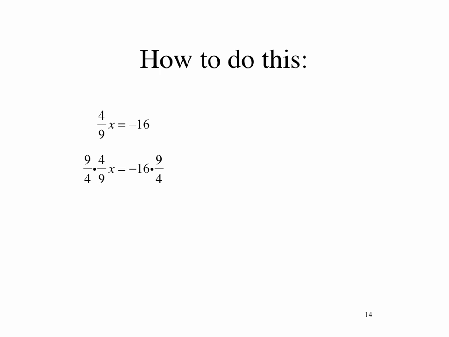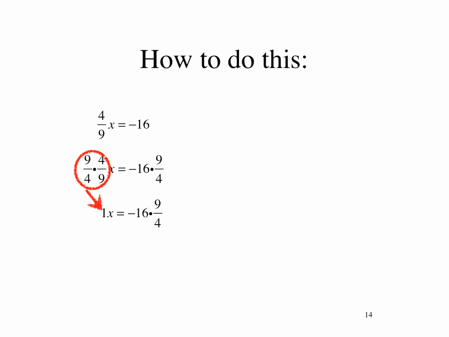Remember that anytime I multiply both sides of an equation by the same thing, I don't change the balance of that equation. Now let's look at the left-hand side. 9/4 times 4/9. Well, any number times its multiplicative inverse is just 1. So what I have left on the left-hand side of this equation is 1x. And on the right, I still have negative 16 times 9/4. So I've already gotten x all by itself there.